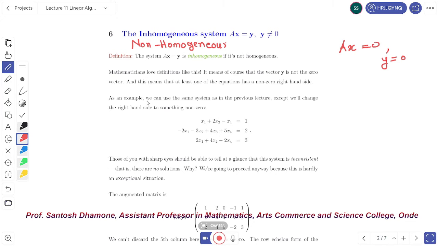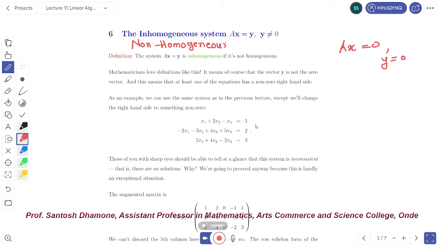As an example, we can use the same system as in the previous lecture, except we will change the right hand side to something non-zero. In the last lecture, we discussed a problem which had right hand side equal to 0.